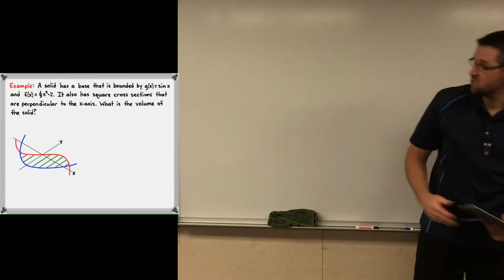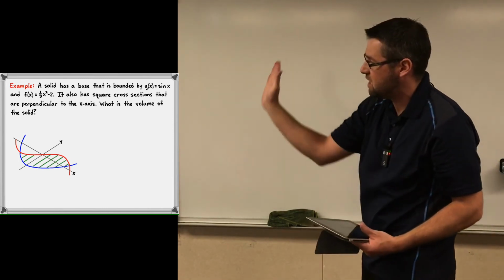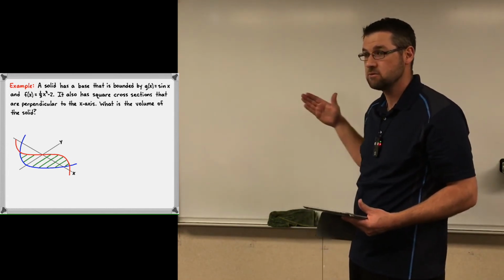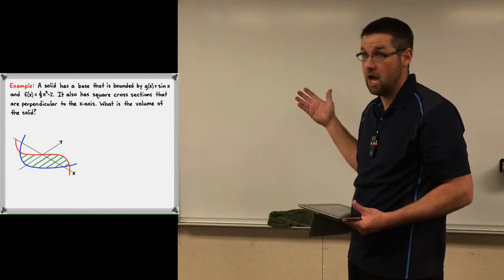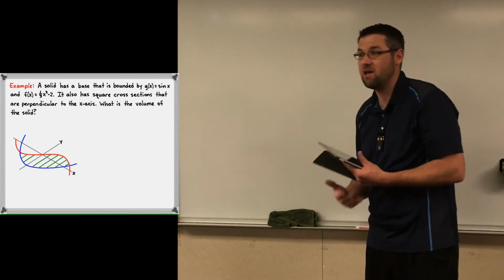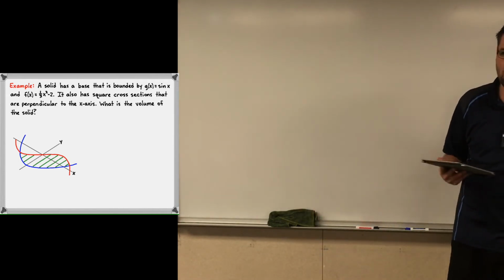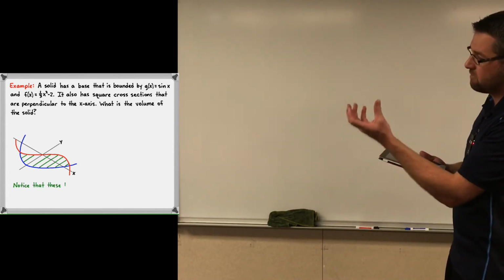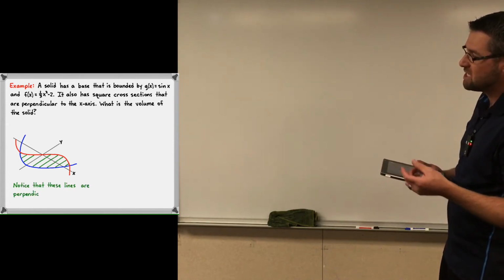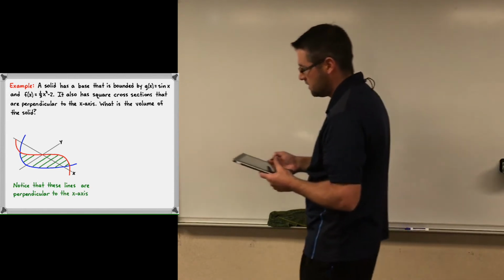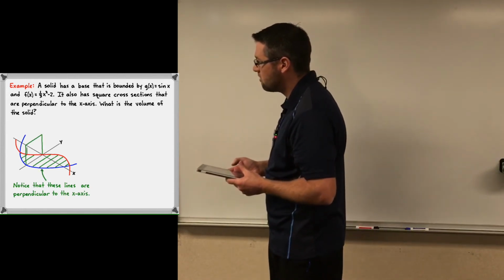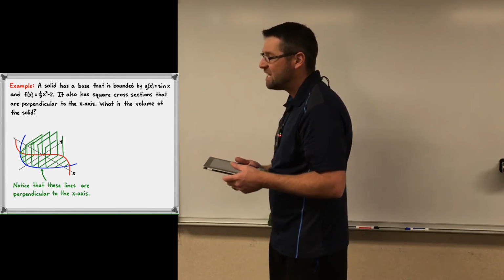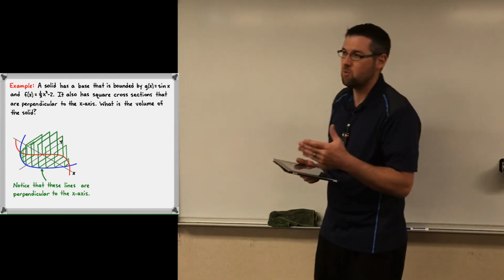So that's why we have perpendicular cross sections to the x-axis. Do you think we could have perpendicular cross sections to the y-axis? Yeah, we could. We learned how to deal with terms of y the other day. We'll get there, don't stress. Okay? We have squares coming out of that. Notice these lines are perpendicular to the x-axis, like I said. It won't be that difficult once we have the equation.